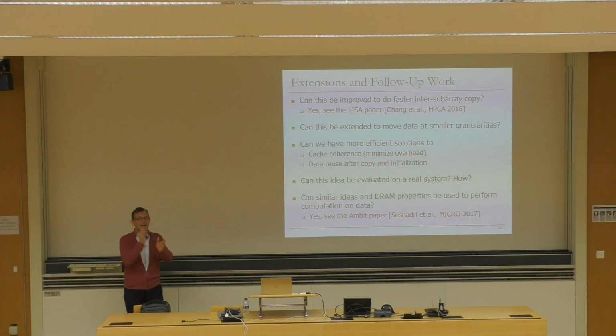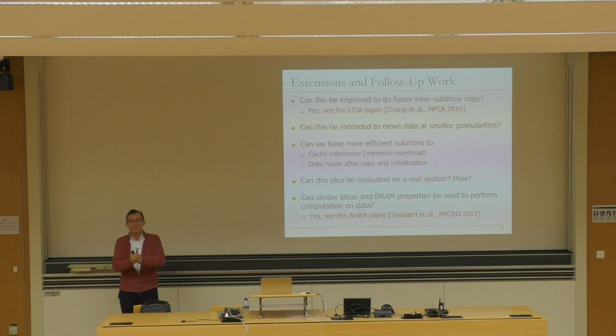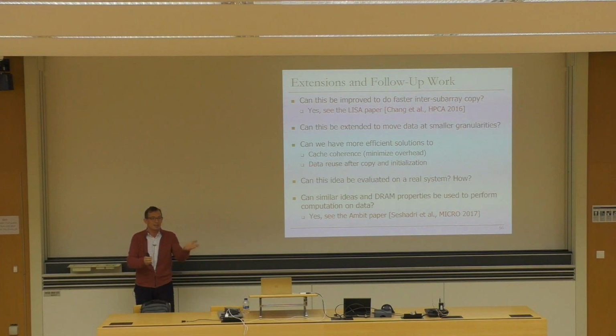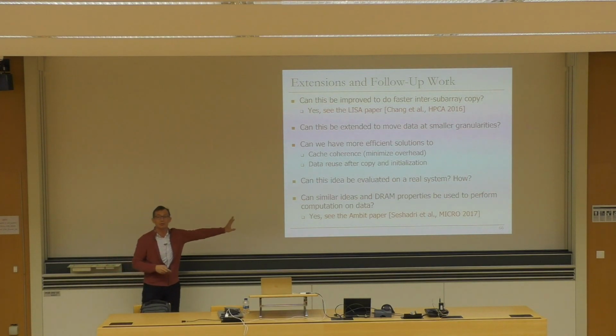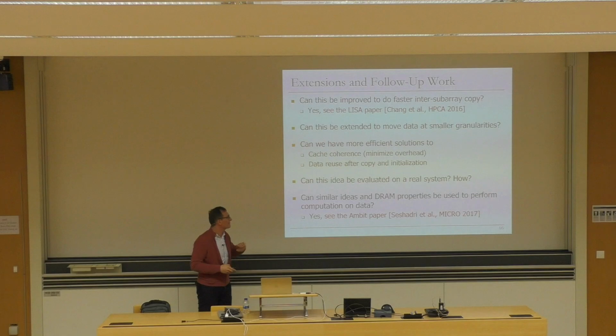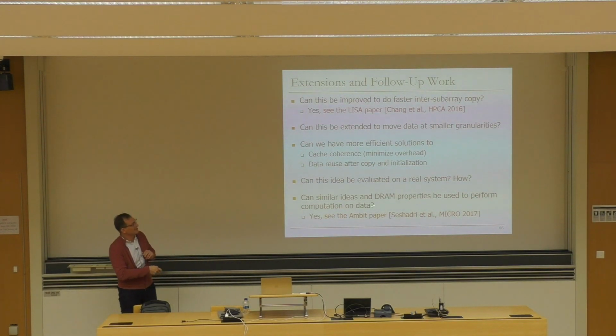RowClone does 2 consecutive activates, and this AMBIT work shows that if you do concurrent activates to 3 rows, you essentially get a bitwise majority function, which can be rewritten as a bitwise OR, bitwise AND, and you add some circuit elements so that you can do the NOT as well. Now you have a fully functional, Boolean complete system inside your DRAM, right? So you can see that by asking these critical questions, you can actually enable some really, really interesting research.